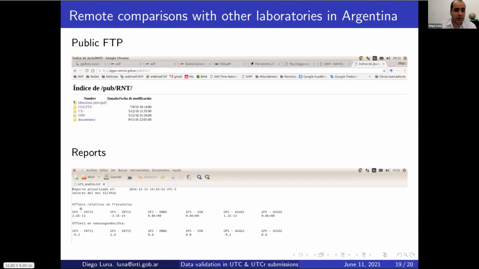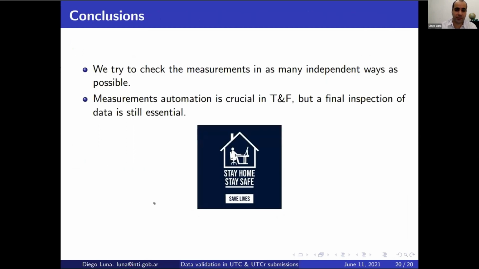And we have some other reports that are automatically generated. For example, we generate relative offset frequencies, for example, in nanoseconds per day or in a relative way. So that's another tool we use to validate our measurements and to control the other systems.